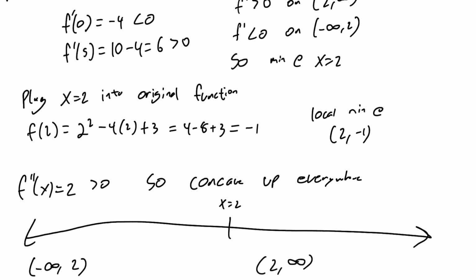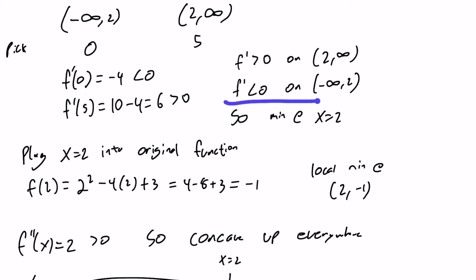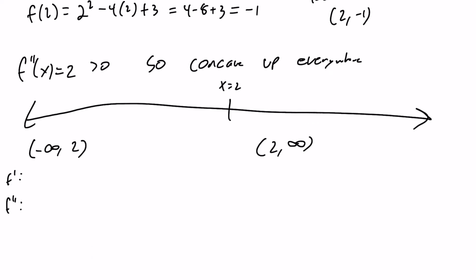As we already found, on the interval from minus infinity to 2, the first derivative is less than 0, so negative. And on this other interval, we already found that the first derivative is bigger than 0, so positive. And then lastly, when it comes to the second derivative, we found that it's positive everywhere, so it's positive on both of these intervals.